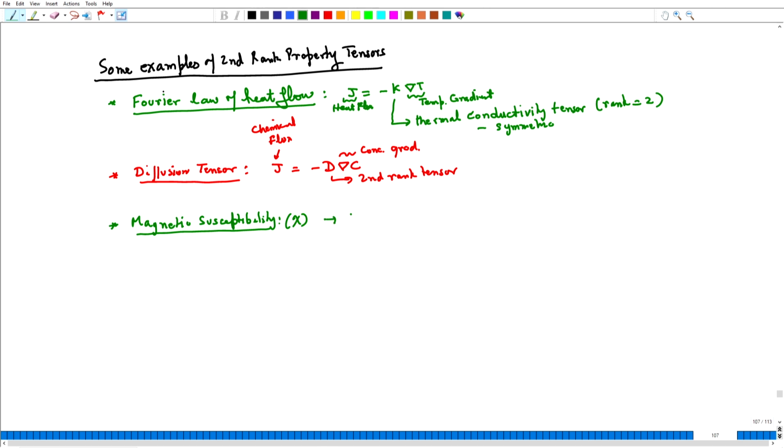Here you get magnetization equals chi, the second rank tensor for susceptibility, times the applied magnetic field. Magnetization, and this is the susceptibility tensor.